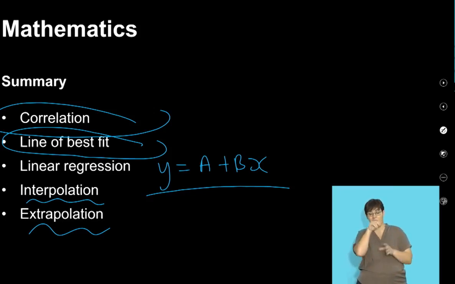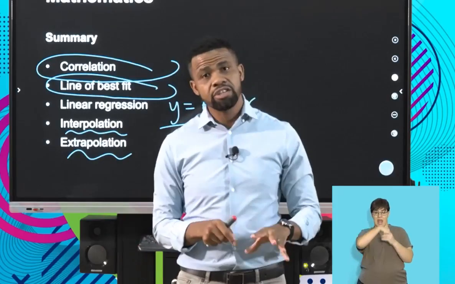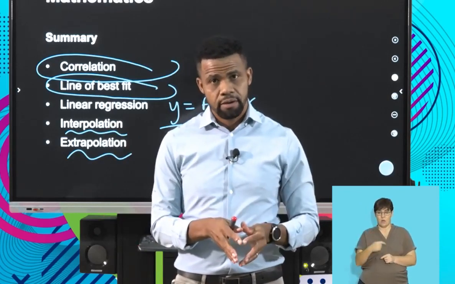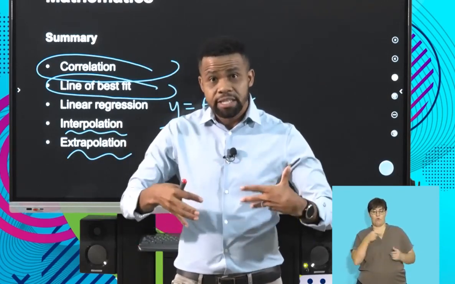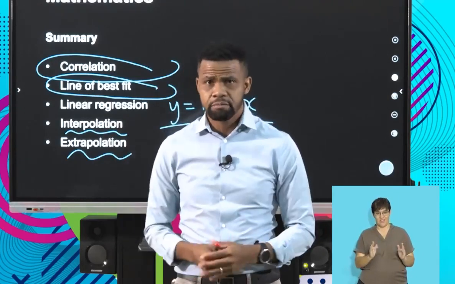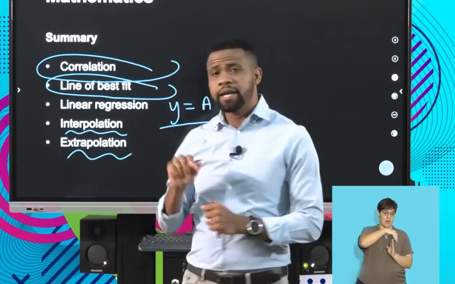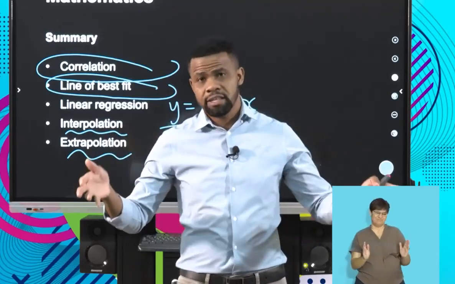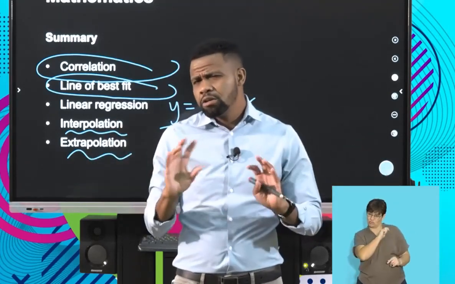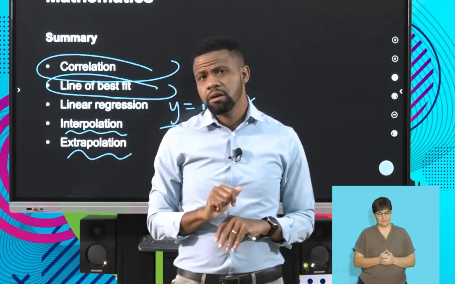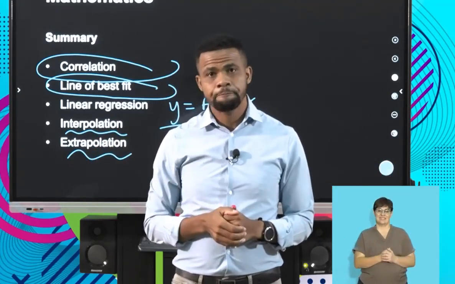If we predict inside the range, we're interpolating, and the reliability of our forecast is very strong. We can rely on that. But extrapolation is outside the data, and the prediction might not be that accurate, okay?